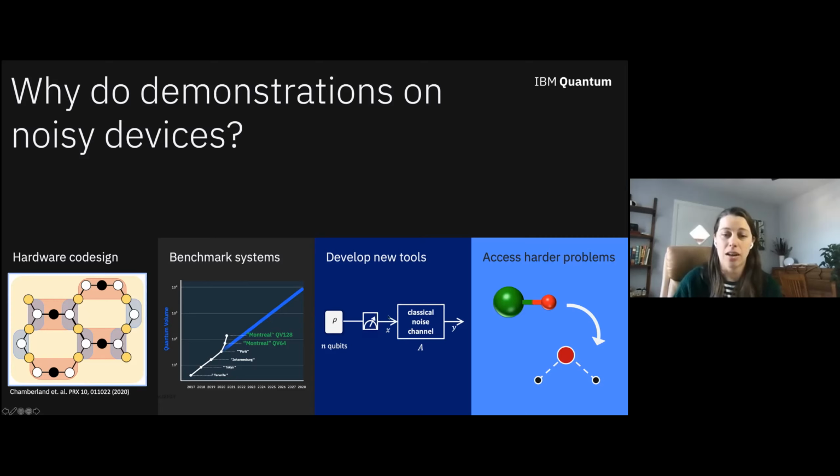And then all of these are building towards how do we develop new tools that are going to help us in this near-term regime where we need things like error mitigation, because we can't do error correction yet. So in particular, I'm going to mention bringing in classical resources to augment the power of our quantum systems.